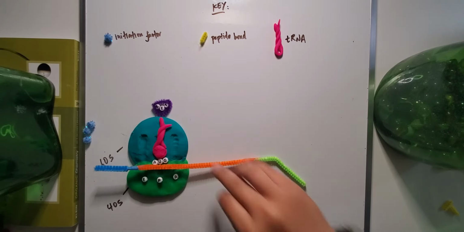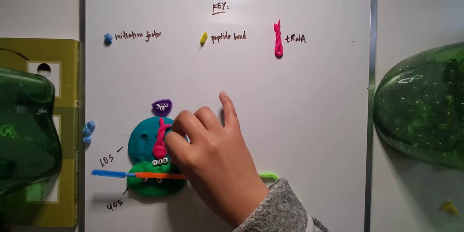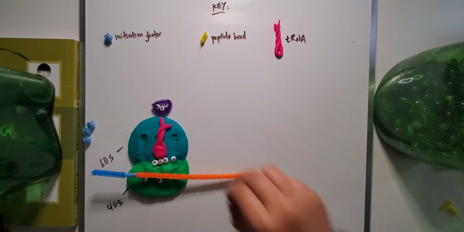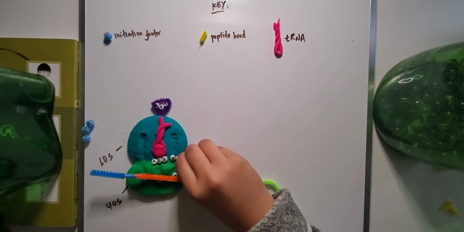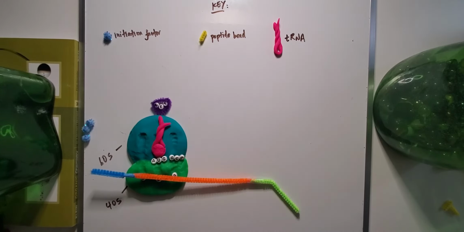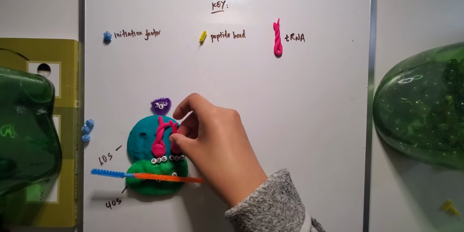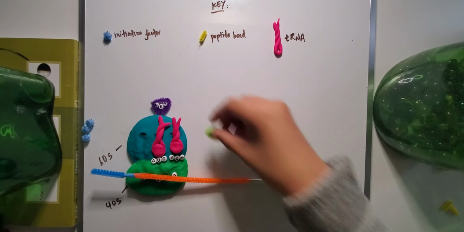So next, let's say we have G, C, and C. And here's its tRNA with its anticodon and the amino acid.